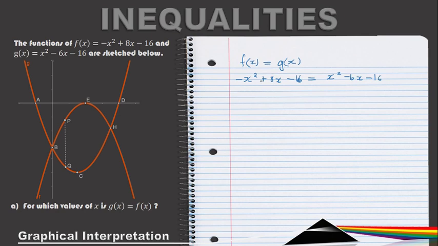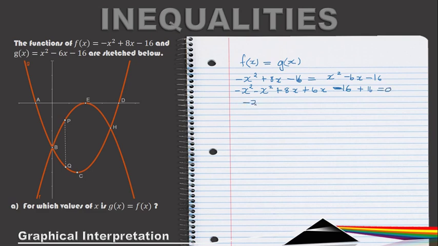All the terms go to the left hand side because we want to put this quadratic equation in standard form. So minus x squared, and then plus 8x, this one comes over, becomes plus 6x, and then minus 16 comes over, becomes plus 16, equals 0.